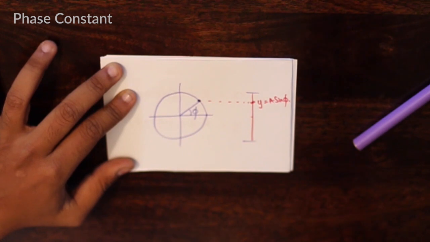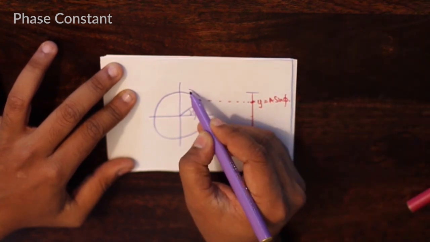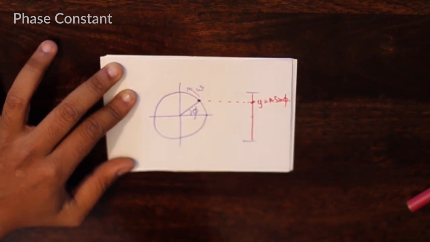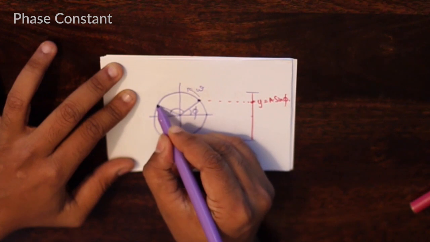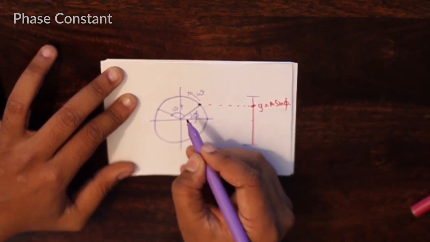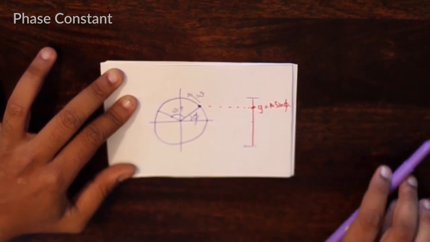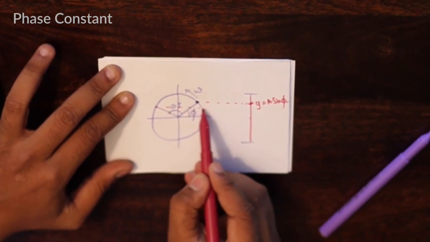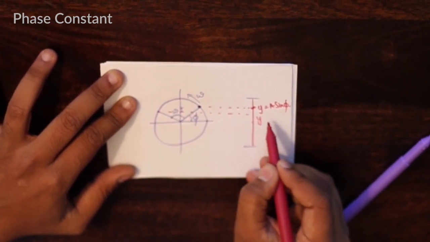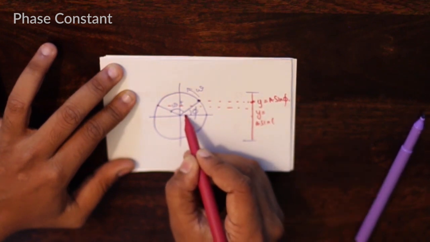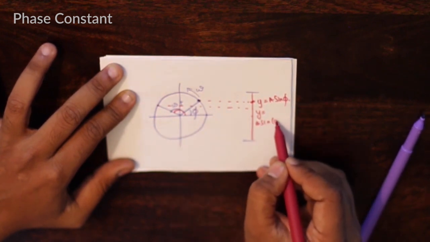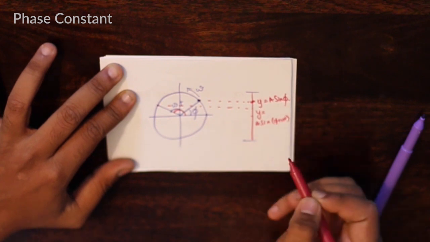So this is when we are starting our clock, and therefore now if the bob is going to go with an angular velocity omega, after a time t, this angle is omega t, but for the projection sake, here y is going to be A sine of the whole angle, which is phi plus omega t.